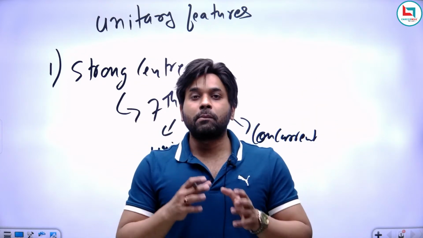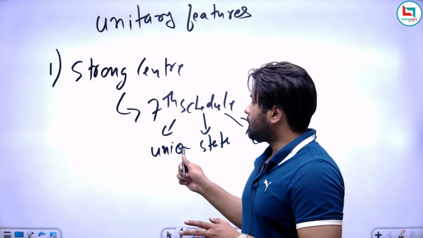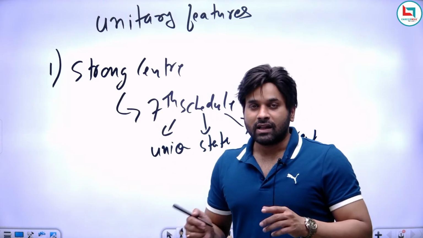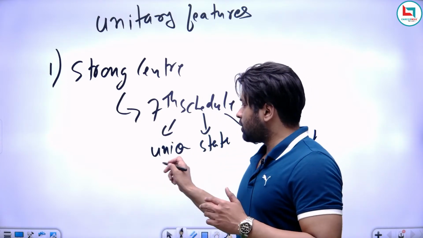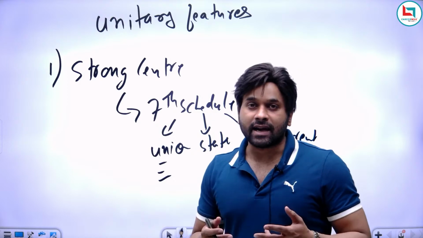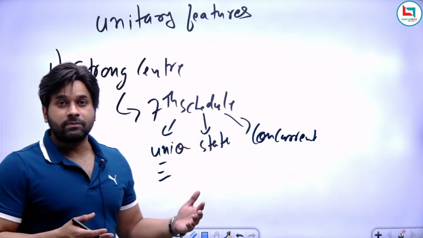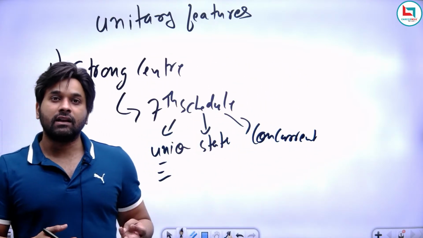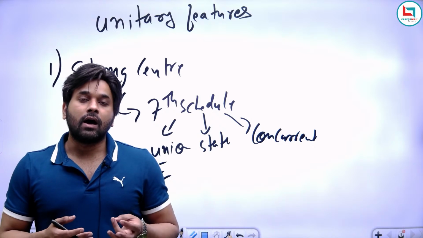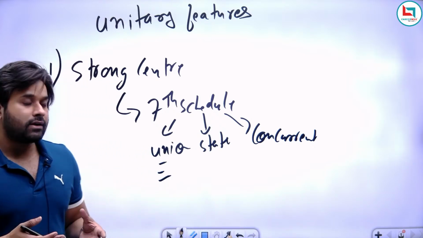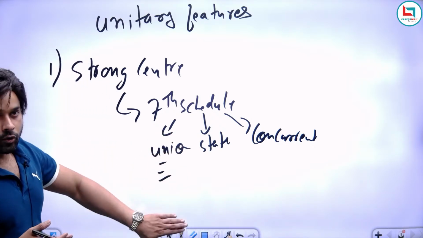So more subjects are placed under the union list. This is the first proof that the center is strong because it has more subjects. And second, important subjects, for example, defense, railways, nuclear, banking, all these important sectors are under the union list.